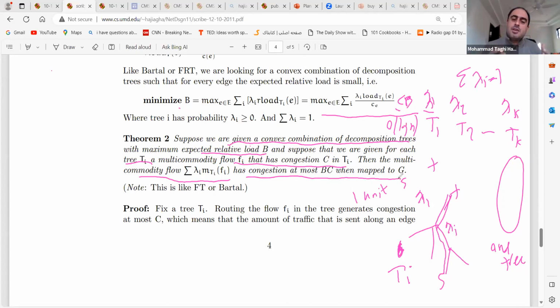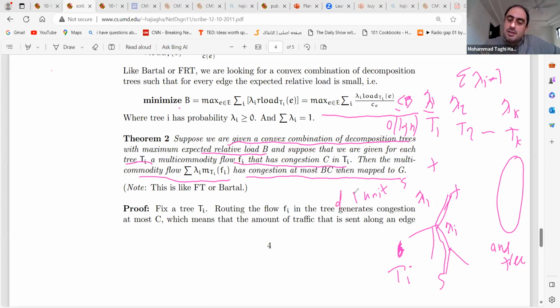So you need to essentially prove two things. First is that if you route it here in the trees, when you map it to the original graph, if you have some congestion, by the definition of congestion that I mentioned, it is the total flow that goes through an edge on these trees, and then you can multiply by the demands d_i.